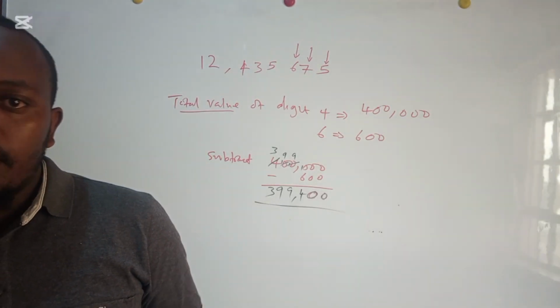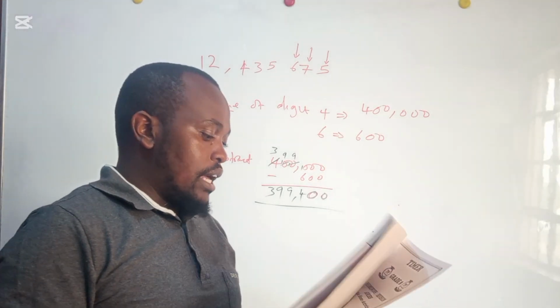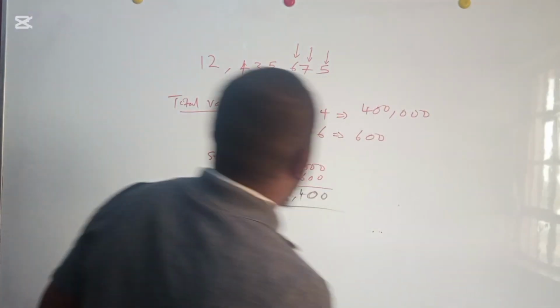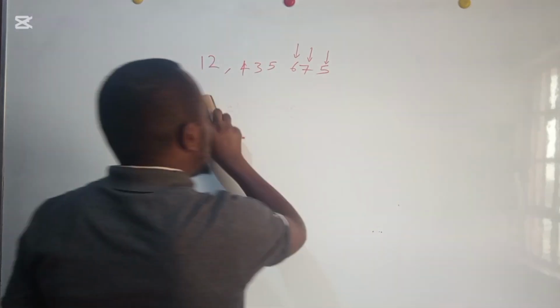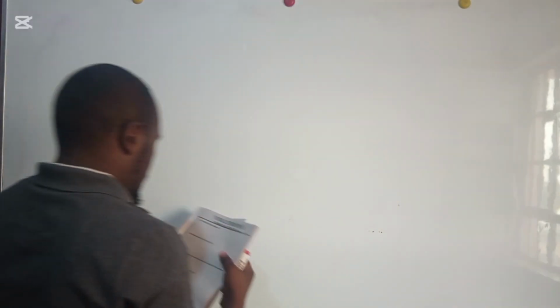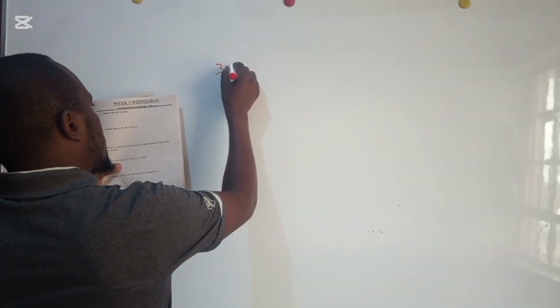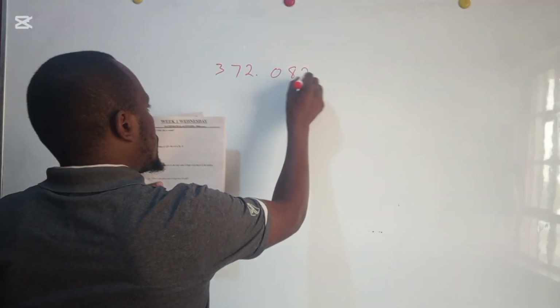Another one is you are asked what's the place value of digit 8 in 372.082.